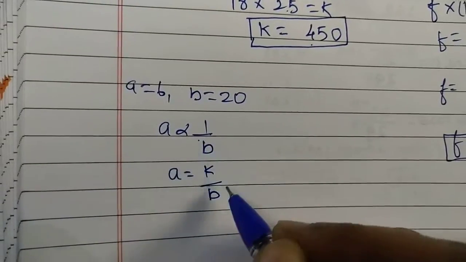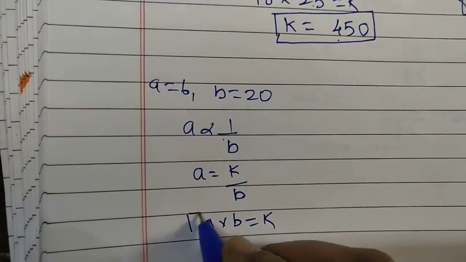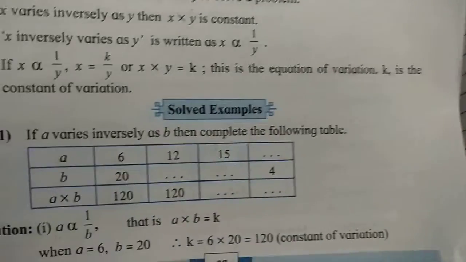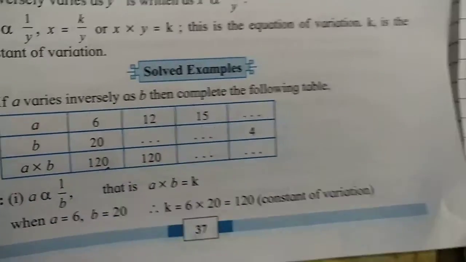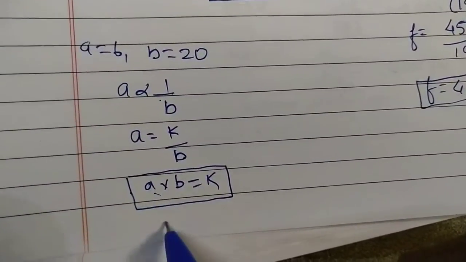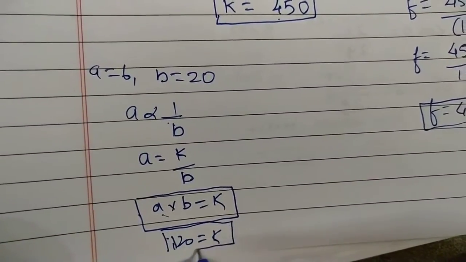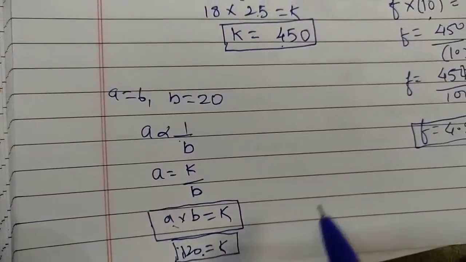I have transposed it into the form of an equation, so it is a into b equals k. This is the equation of inverse variation. Here a into b is already given, that is 120. So 120 equals k. What value have you got as k? 120. Now by using this value we are going to fill the other boxes.